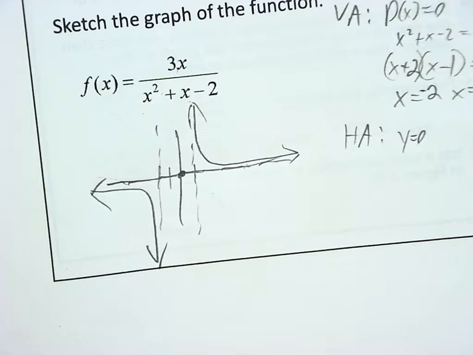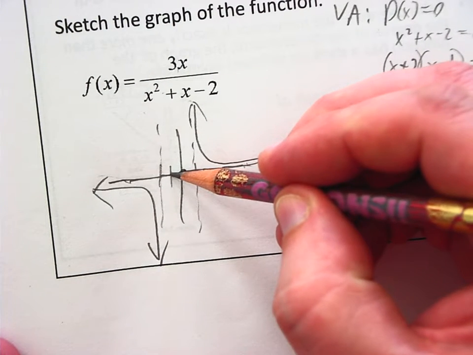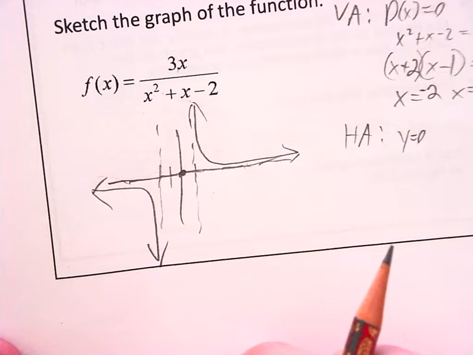Okay. Now the interior. Negative 1's an easy number to deal with, so let's plug in negative 1 first. If I plug in negative 1 here, what's it going to give me for the overall fraction? Positive or negative number?